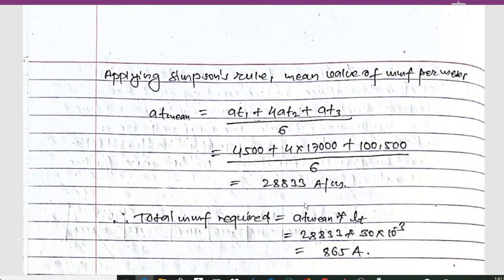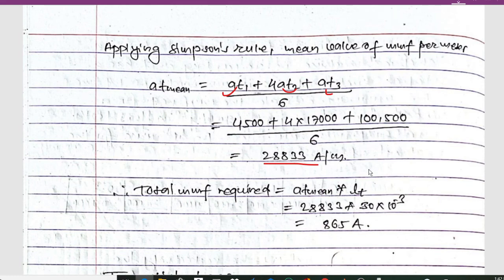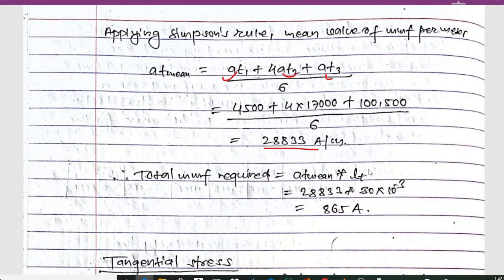Now here we have to apply Simpson's rule. For Simpson's rule, AT min is equal to AT1 plus 4 AT2 plus AT3, divided by 6. We have obtained the values of AT1, AT2 and AT3, so we just need to substitute, and we will get the value of AT min as 28,833 ampere per meter. Now the total mmf required will be AT min into LT, and LT is given as 30 mm.